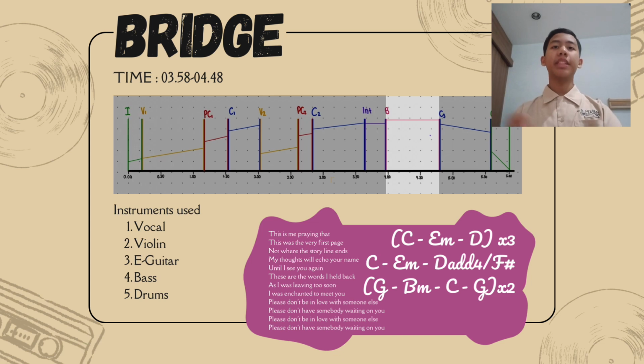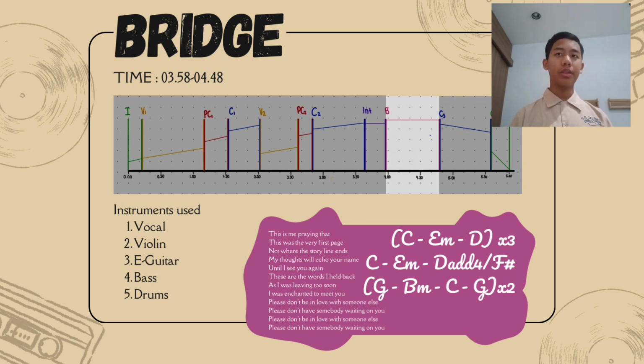The bridge keeps the same instruments that the interlude did, just adding back the vocals. Its intensity also stays pretty constant throughout the part, rising a bit from the interlude. The violin, the e-guitar, the bass, and the drums make this very, very intense beating beat in a way that keeps this intensity throughout the part.